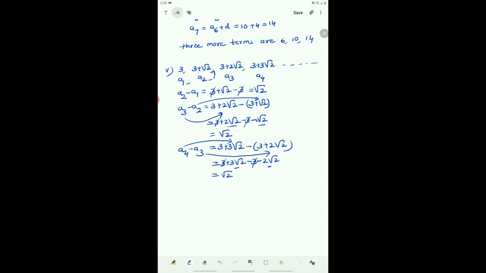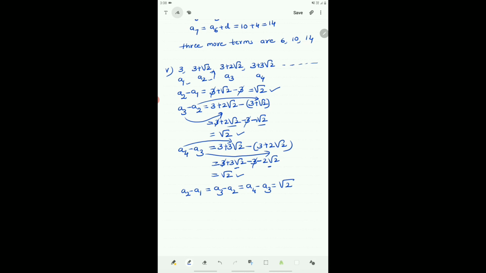So here you got A2 minus A1 is root 2, A3 minus A2 is also root 2, A4 minus A3 is also root 2. So you can write A2 minus A1 equals A3 minus A2 equals A4 minus A3 equals root 2.